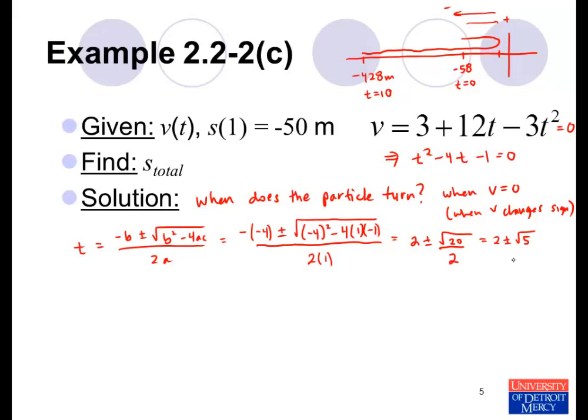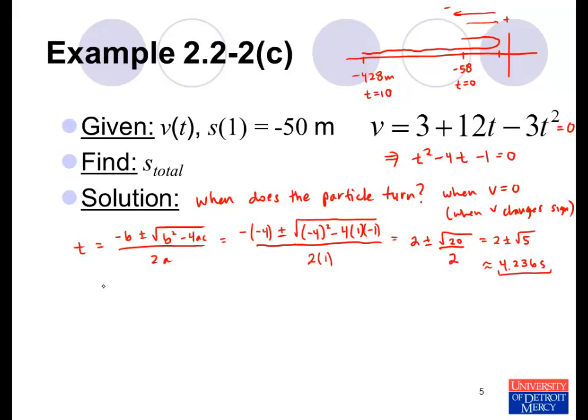We have two solutions here. Since we're dealing with the time period between 0 seconds and 10 seconds, we only want the positive solution. And so the positive solution will be 2 plus the square root of 5. If we punch that into our calculators, that's approximately 4.236 seconds. So that is the time at which we turn around. If we want to find the position corresponding to that time, then we can just substitute that into the previous expression for s that we had.